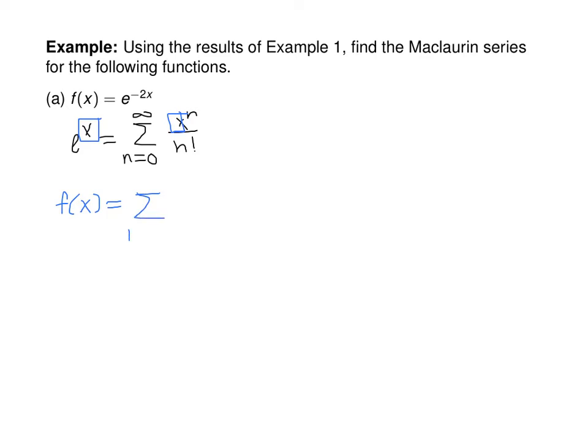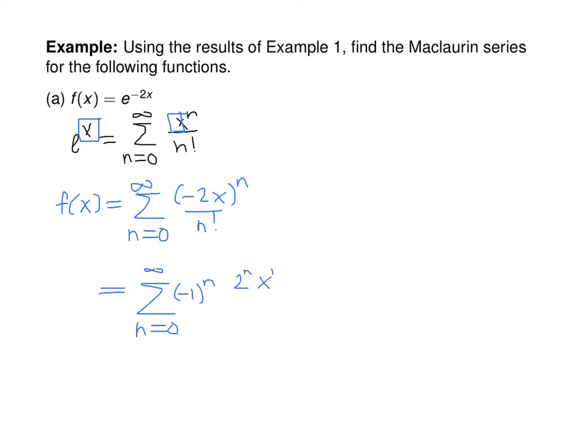So I'll have a sum from n equals 0 to infinity, negative 2x to the n over n factorial, which can be expressed a lot of different ways. It can be expressed as a sum from n equals 0 to infinity, negative 1 to the n, 2 to the n, x to the n over n factorial.